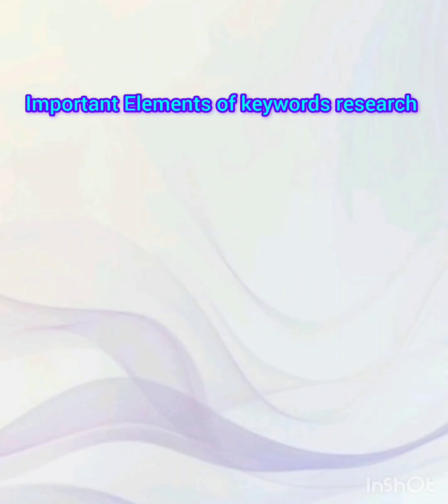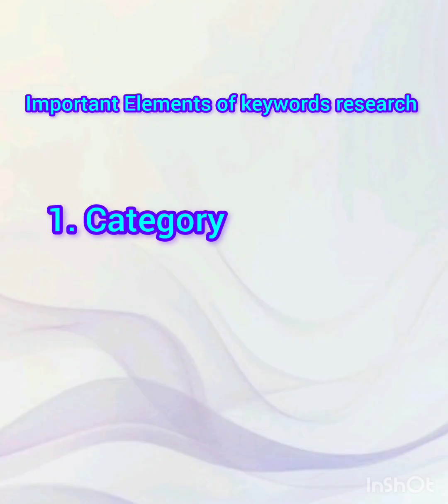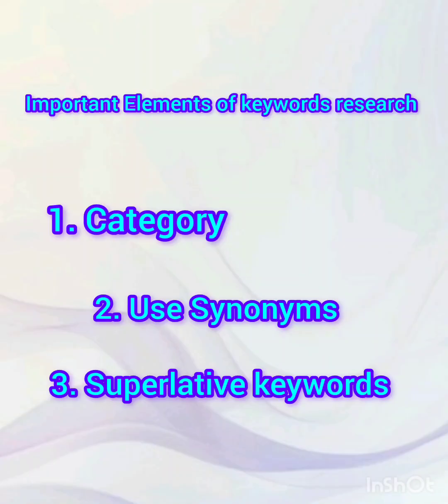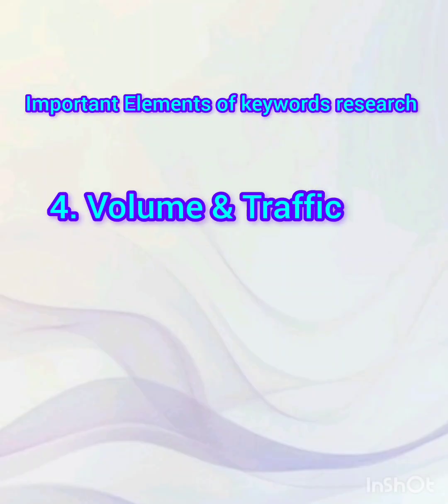So the most important thing in keyword research, let me summarize, is mentioning your category. You know what business you are in. That is very important. You can use synonymous words. You can also use superlative words as well. Please remember to check the volume and the monthly traffic for the keywords, and then also check the competition.